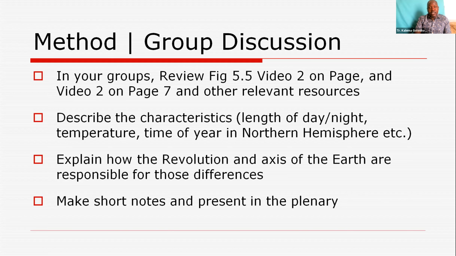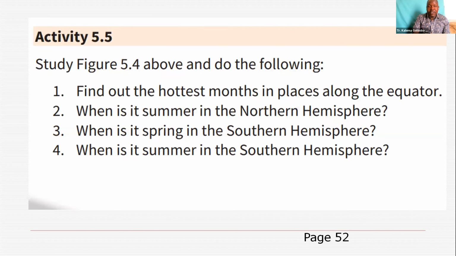Before you present, you will do activity 5.5 in the learner book. It says, find out the hottest month in places along the equator. What are the hottest months generally?